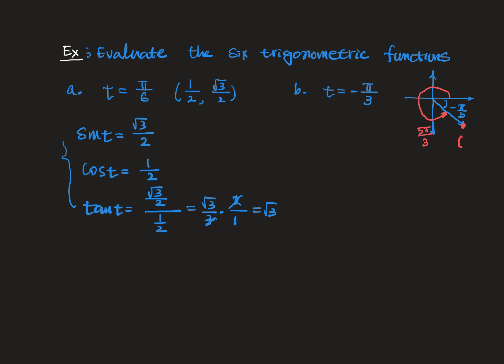For 5 pi over 3, x is 1/2, and y is negative square root 3 over 2. So how can we find the sine? Sine t is the y value, negative square root 3 over 2. Cosine t is 1/2. Tangent t is y over x. Y is negative square root 3 over 2, over 1 over 2. That's negative square root 3. That's how to use the unit circle when you find trigonometric functions.